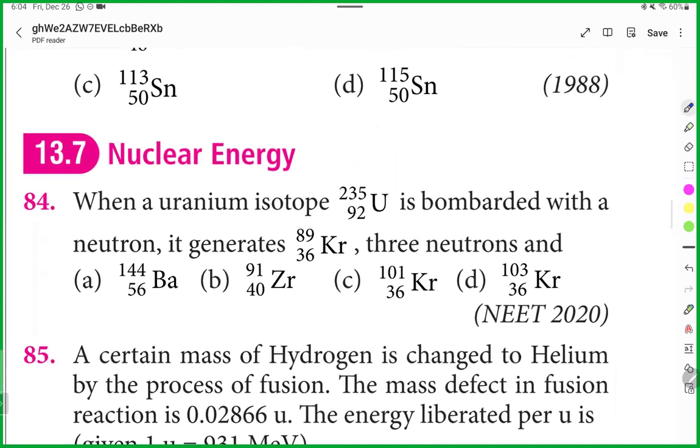Sania, you have uranium, this isotope, bombarded with one neutron, and it generates krypton. Your voice is cracking a little, so can you please repeat what you just said? What is the answer of the 84th question?